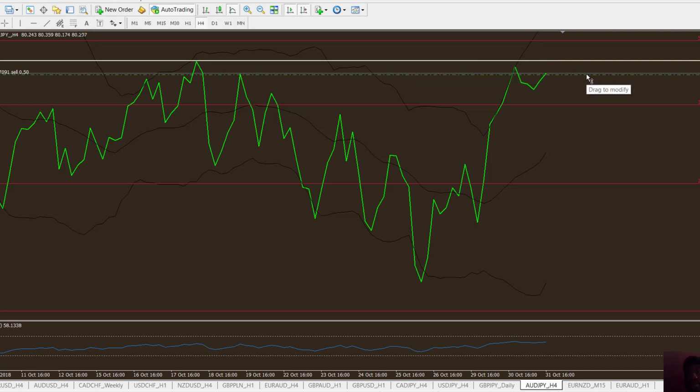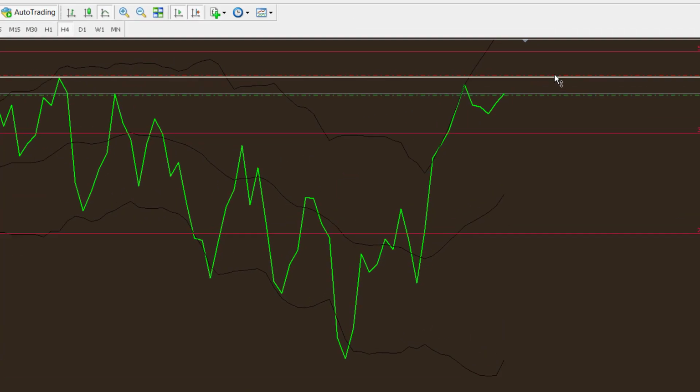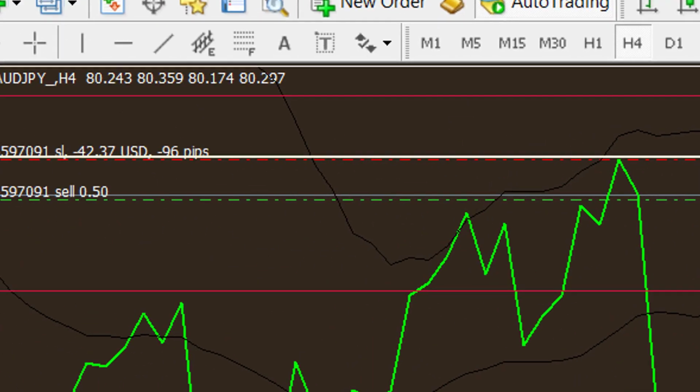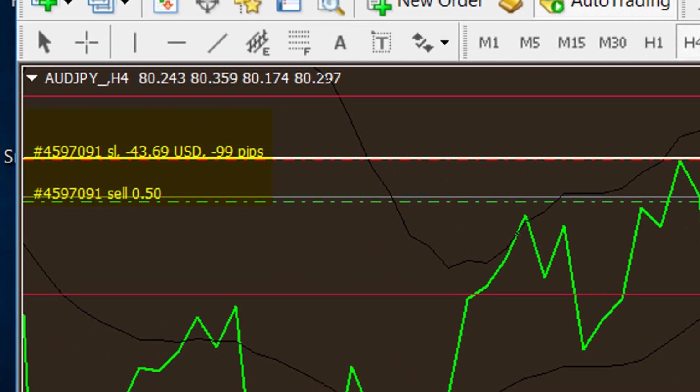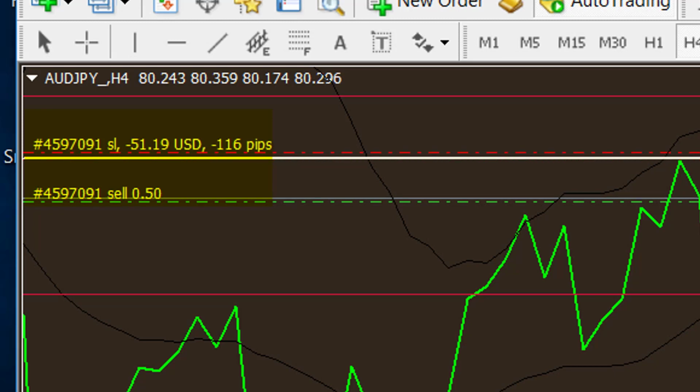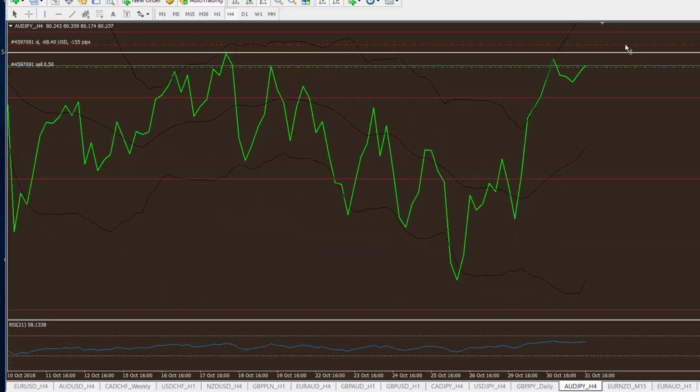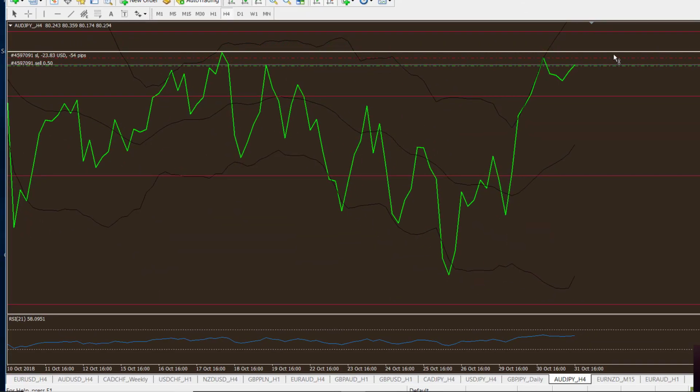Okay, so if we were to take a look at the risk that we have right now, I would say if it goes back to this point right here, let's take a look. We're losing about $50 right here, right?